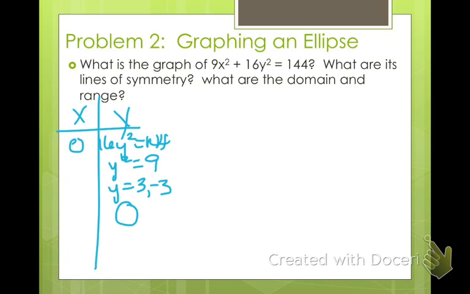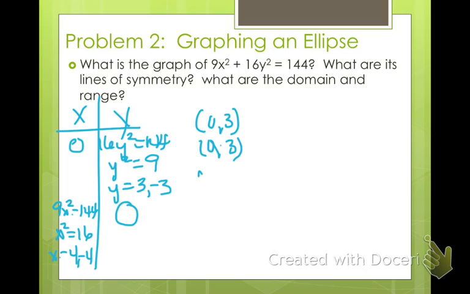If you plug in 0, x is 9x squared. Divide by 9. X squared is 16, so x is 4 and negative 4. So we have these 4 points now: 0, 3; 0, negative 3; 4, 0; and negative 4, 0.